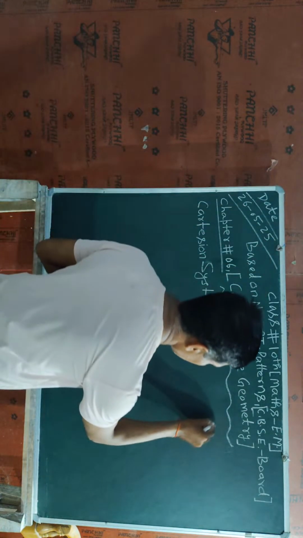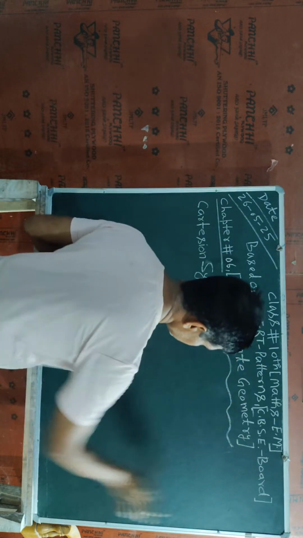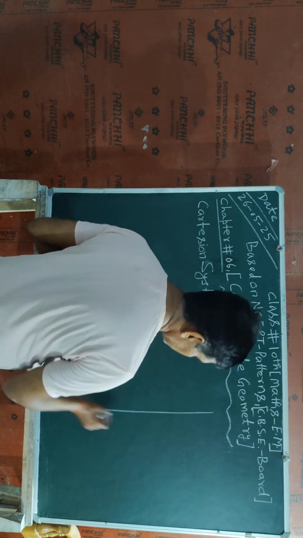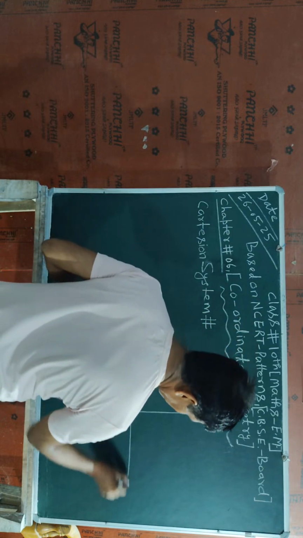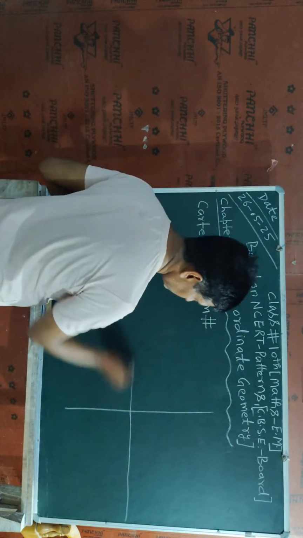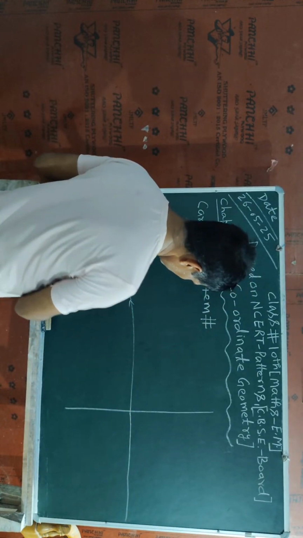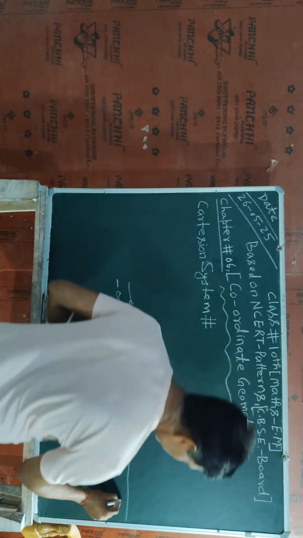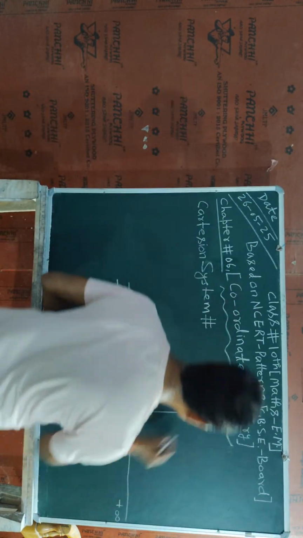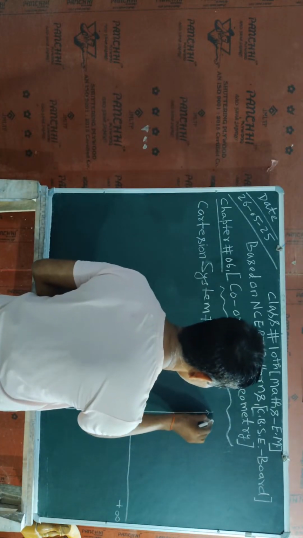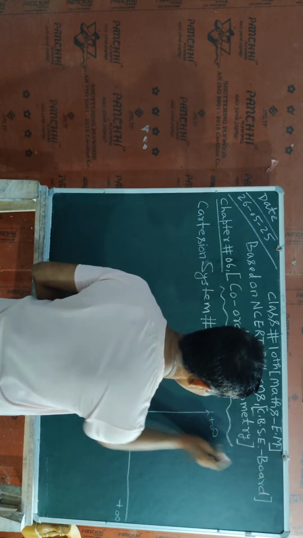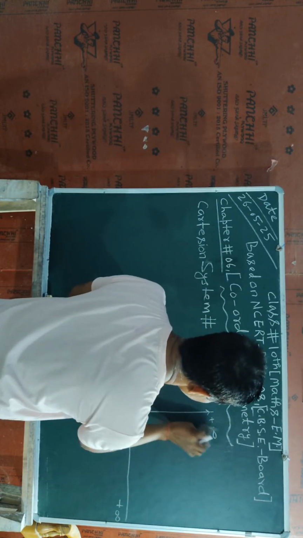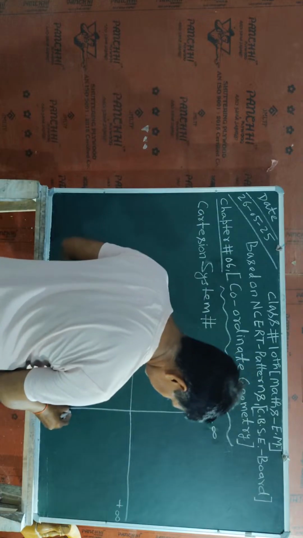Suppose I am taking one plane, and I am dividing this plane into 4 parts by 2 lines. This line will go to minus infinity, and this line will go to plus infinity. Similarly, this line will also go to plus infinity, and this line will go to negative infinity.